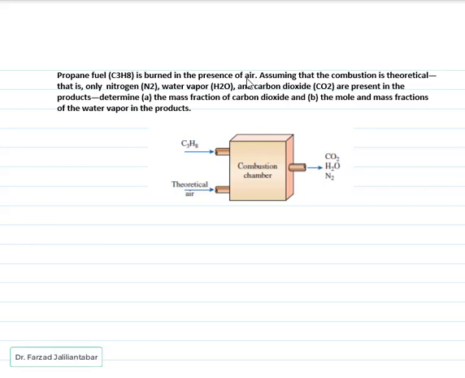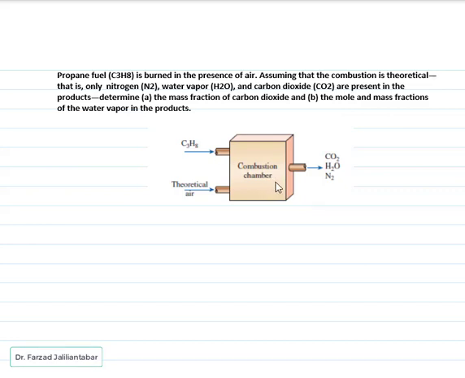So we have a combustion process, actually a combustion reaction. Assuming that the combustion is theoretical, it means that only nitrogen, water vapor and carbon dioxide are present in the products. So we should determine the mass fraction of carbon dioxide, and for part B of the question we should determine the mole and mass fraction of the water vapor in the products.